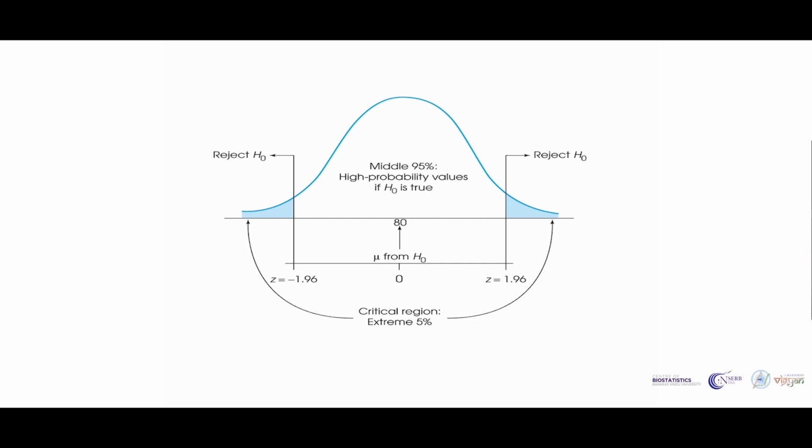So it is lying here, which means whenever the calculated value is more than the tabulated value, it will always be in the critical region. That's what we have written. In this case, normal distribution, we have the tabulated value as 1.96.